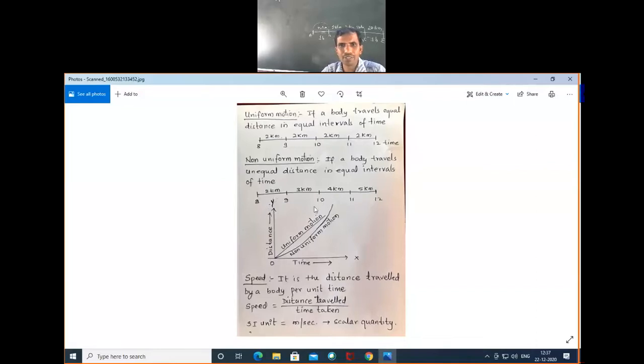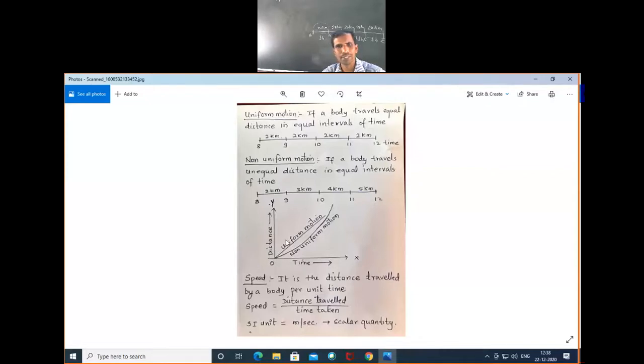So this is a graph which represents uniform and non-uniform motion. In the graph, you can see the straight line. This is uniform motion. The straight line in the graph indicates that the object is traveling equal distances in equal amounts of time.